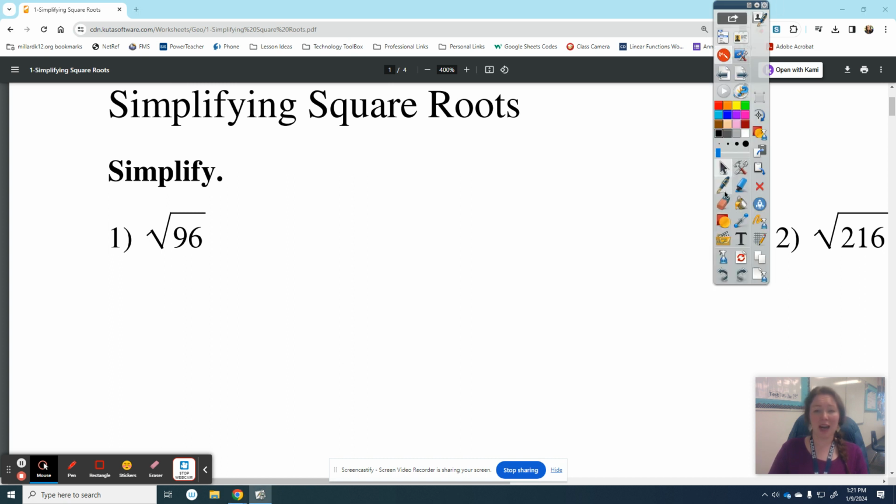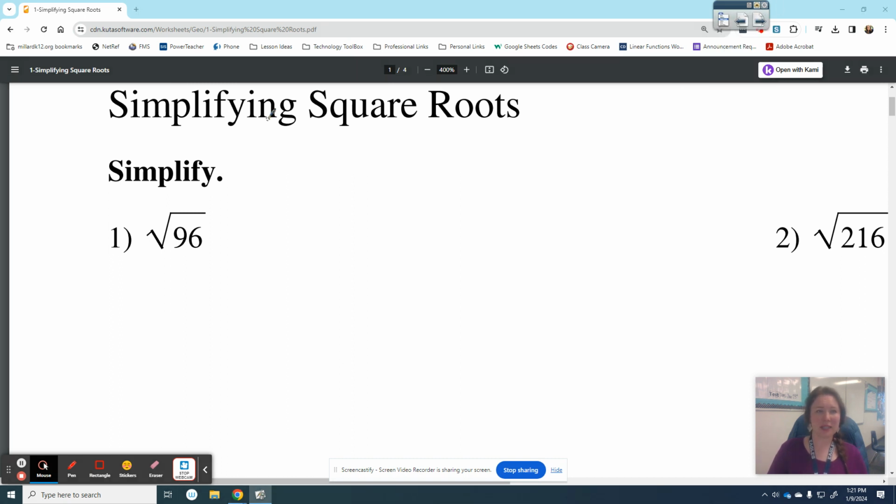Now, whenever I simplify, I always like to make a list off to the side of my whiteboard or my paper, wherever I'm solving, of all of the perfect squares from 1 to 100. So a perfect square is 1 times 1. Well, the answer to 1 times 1 is 1. 2 times 2 is 4. 3 times 3 is 9. 4 times 4 is 16.